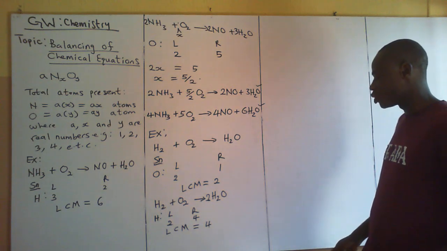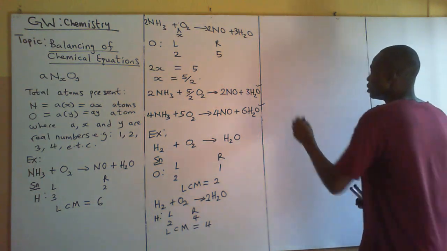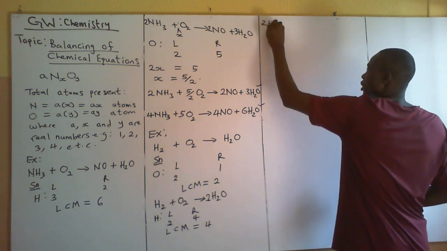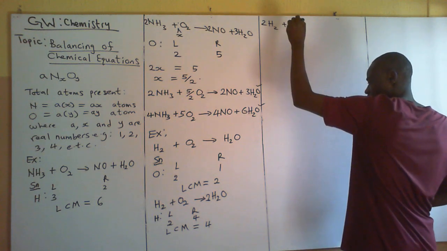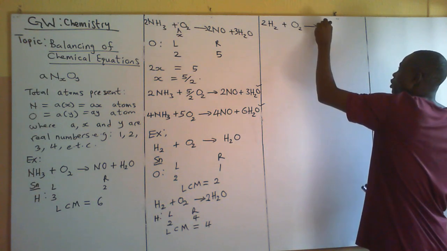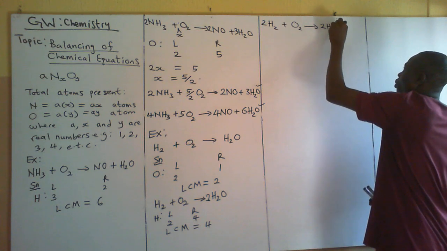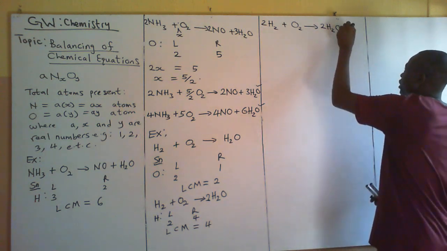Think of a number to multiply 2 by to give us 4. Then it becomes 2H2 plus O2, giving us 2H2O. This equation is balanced.